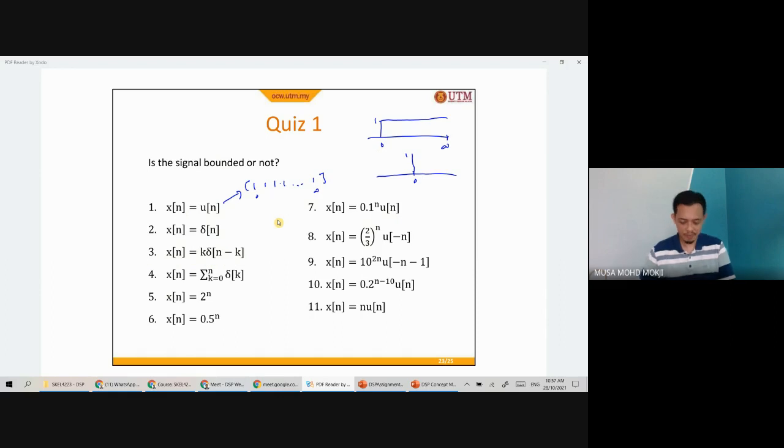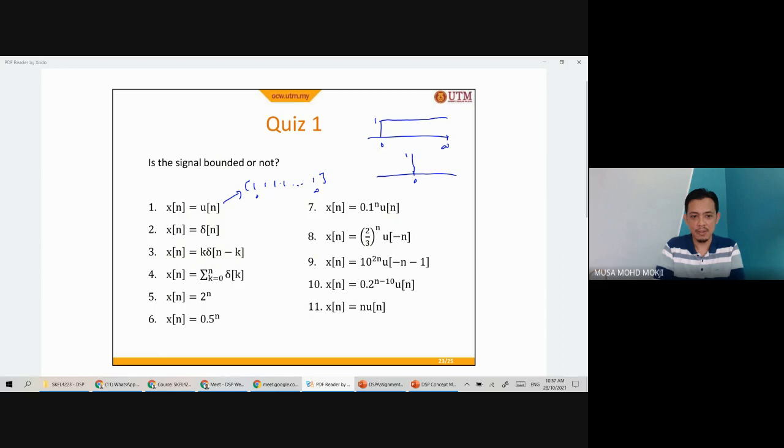I'm waiting. Unbounded. Can k be infinity? Yes, actually k can be infinity because it is just some variable. So it is possible for k to be infinity.